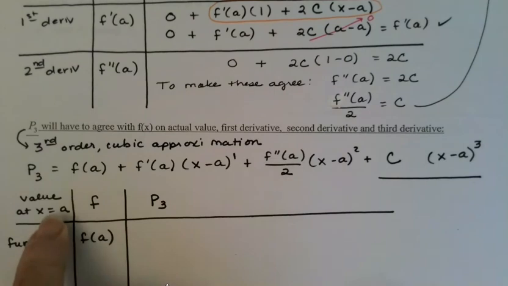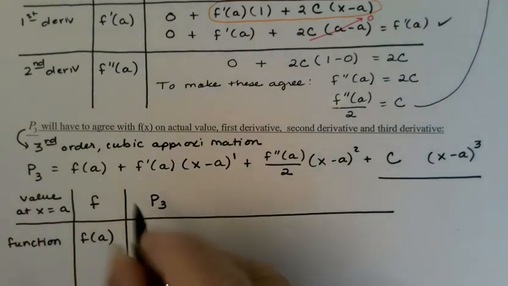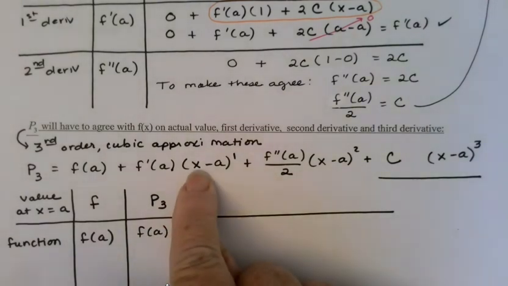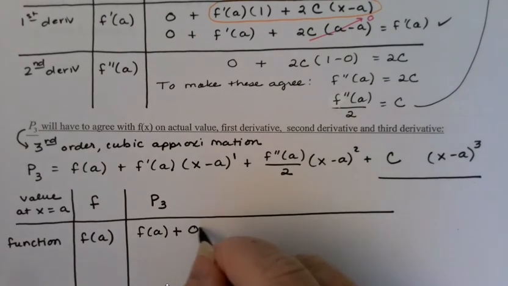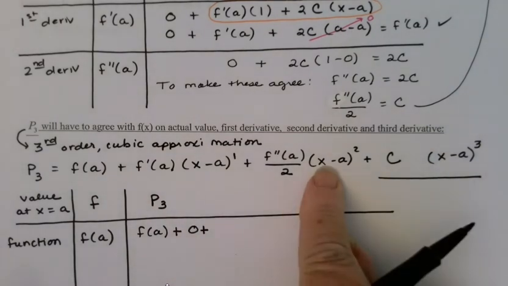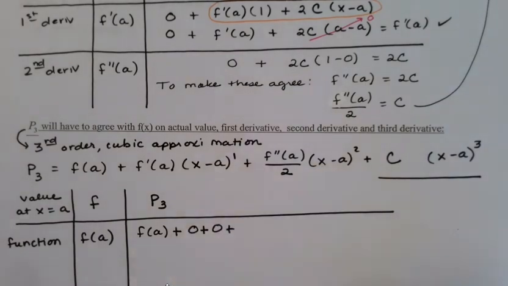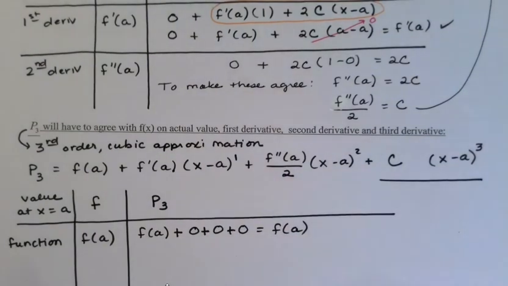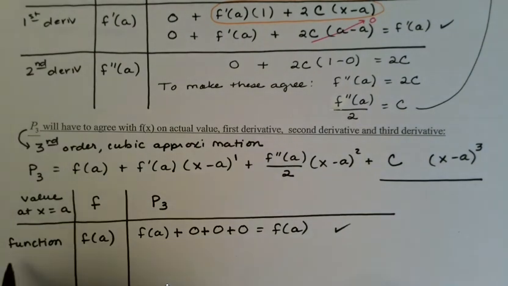And notice that if you plug x equal a into our P3, you're going to get f of a. Plug x equals a in here, and this term will become 0. Plug x equals a in here, and the quadratic term becomes 0. And plug x equals a in here, and the cubic term becomes 0. So it all simplifies to f of a, and we're good to go. They agree.